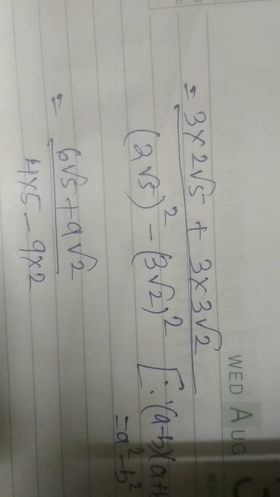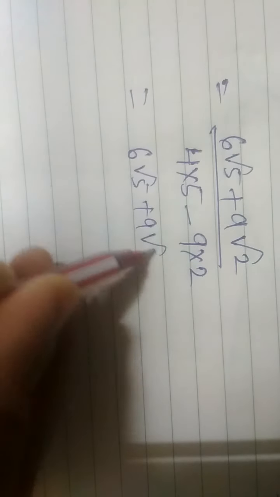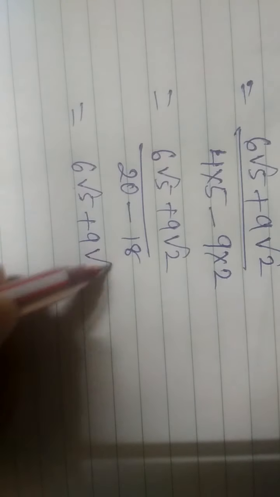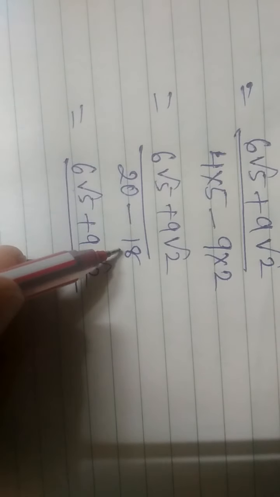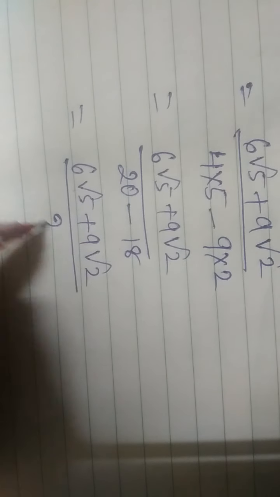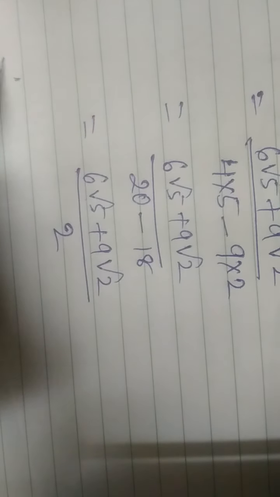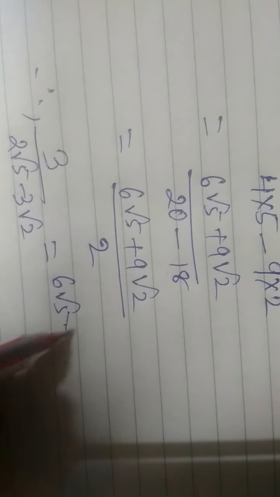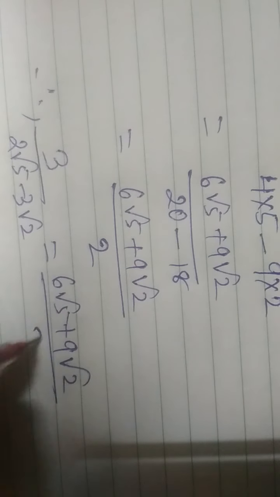So we get 6 root 5 plus 9 root 2 upon 20 minus 18. Then the last step, 20 minus 18 is 2. Therefore the answer is 3 upon 2 root 5 minus 3 root 2 equals 6 root 5 plus 9 root 2 upon 2.